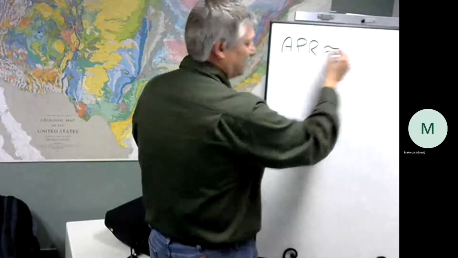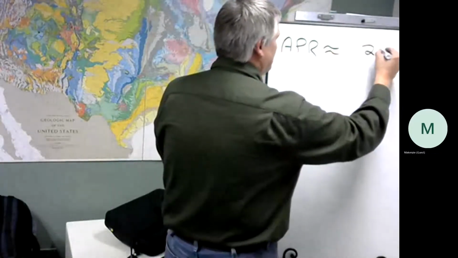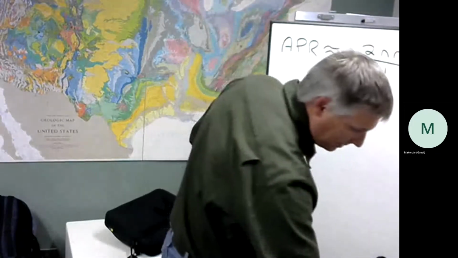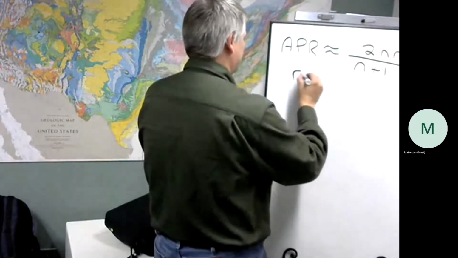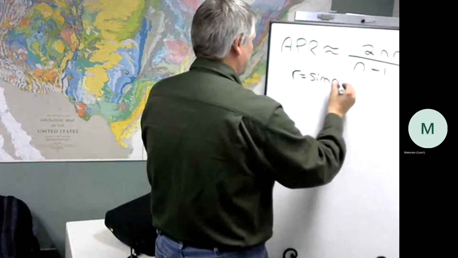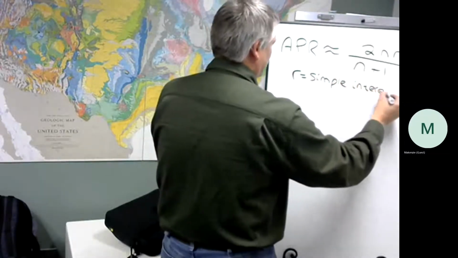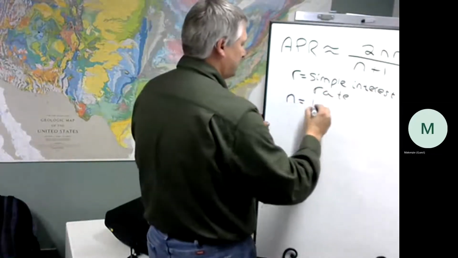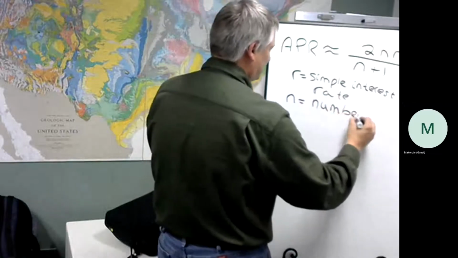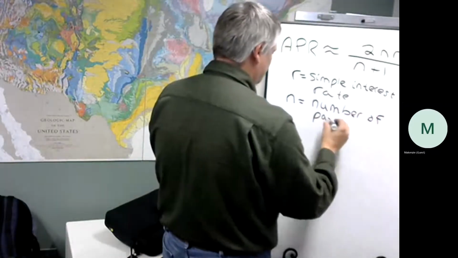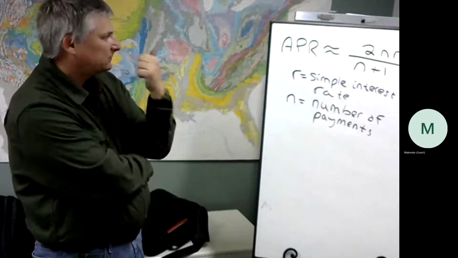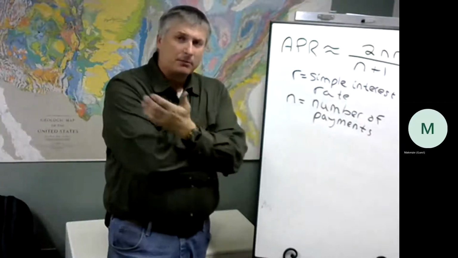APR, the annual percentage rate, is approximately equal to 2 times N times R over N plus 1, where R is the simple interest rate and N is the number of payments.